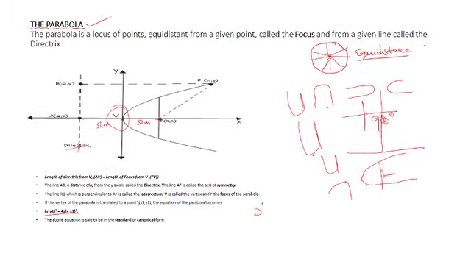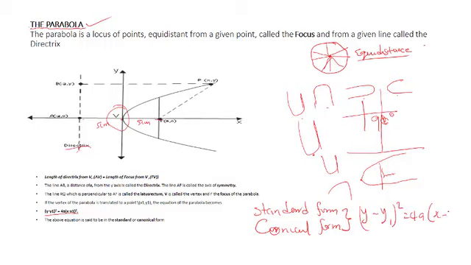So if you are asked to state the standard form or the canonical form of the equation of a parabola, this is the equation. I would like you to note this down, copy it down, because we'll be using it to solve some questions in our subsequent slides.